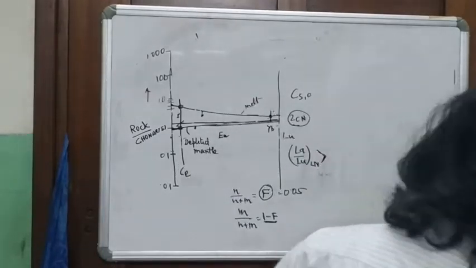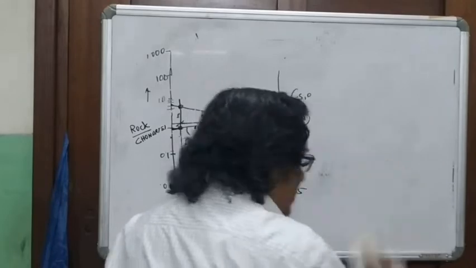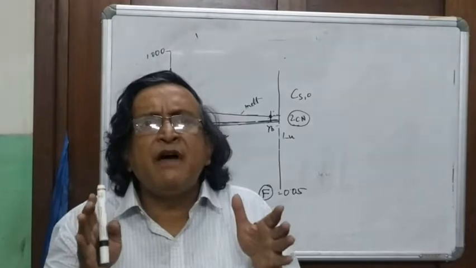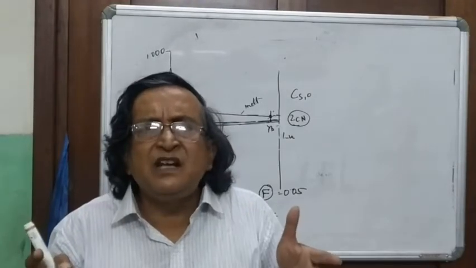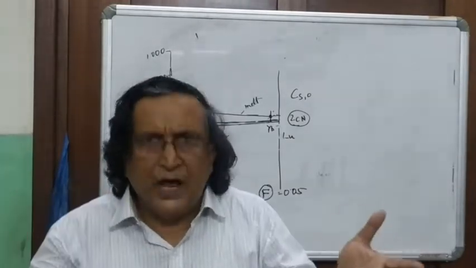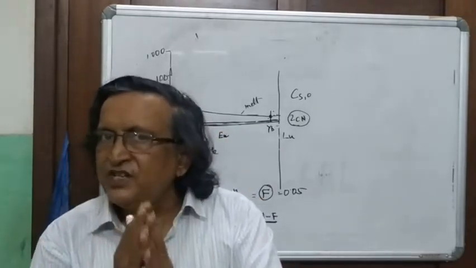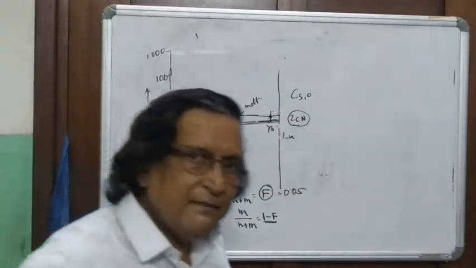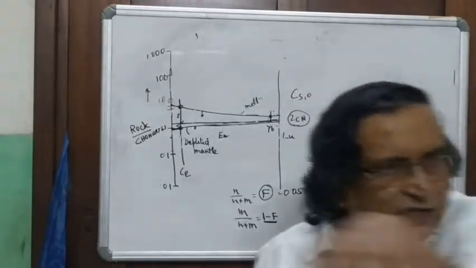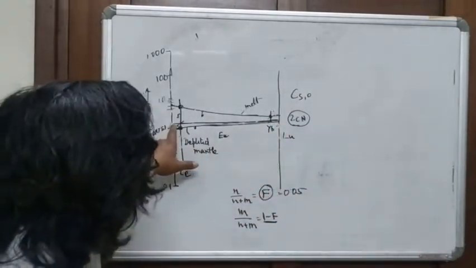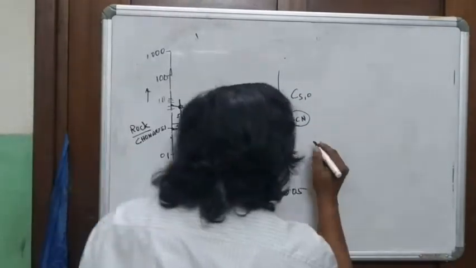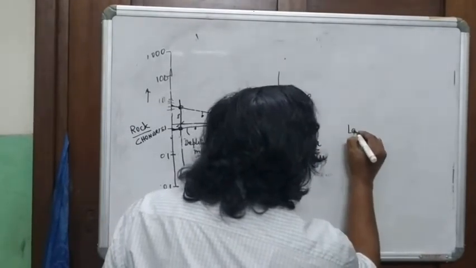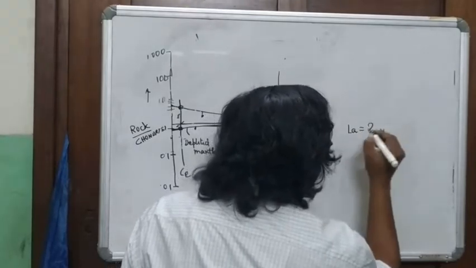Now we go to the very last point here. Just before we go into the last point, I can tell you that the lanthanum by lutetium ratio of mantle derived melts should be greater than 1. But there is a condition. What is the condition? That the primordial mantle has a flat slope. Here, what is the value of La by Lu for this mantle? La is twice chondrite normalized.